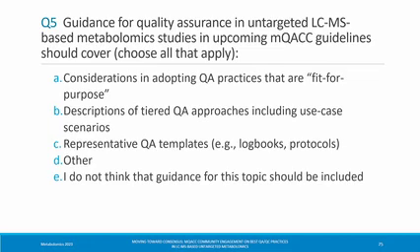Now this is the opportunity for you, whether you're in mQACC or not, as a member of the community, to provide feedback on the proposed approach to QA that we have just presented to you. So the question is, do you agree with the proposed tiered approach to QA, and why or why not?